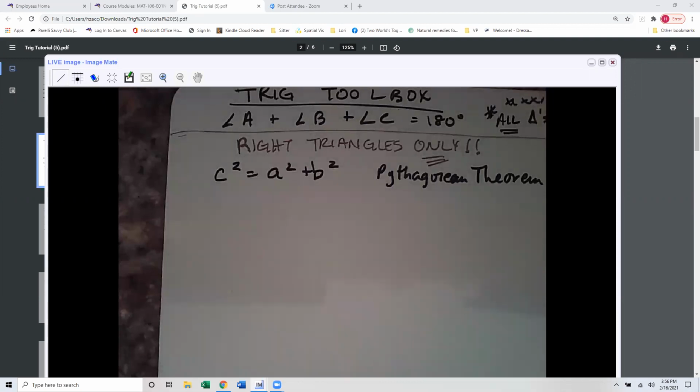So the mnemonic works like this. We have S, O, H, that's the SOH.